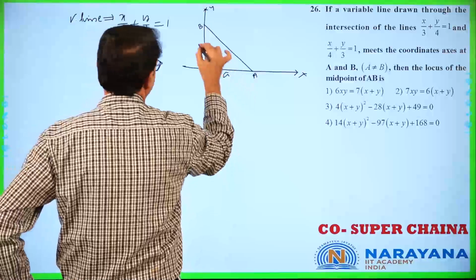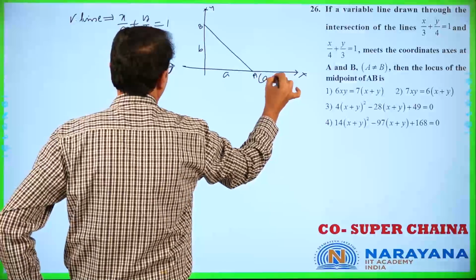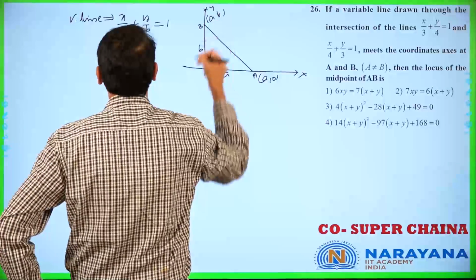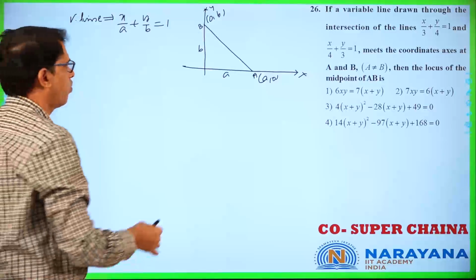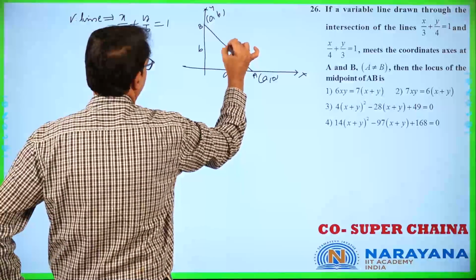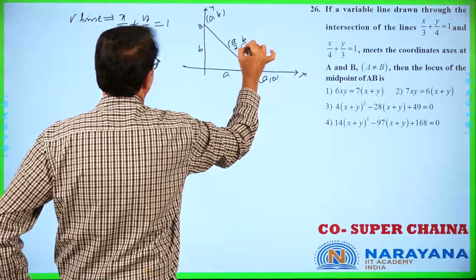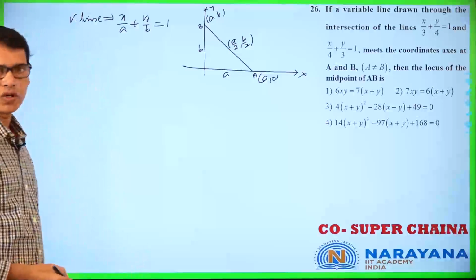So this is A, this is B. So A coordinates will be A comma 0, B coordinates will be 0 comma B. So we have to find the locus of the midpoint. So the midpoint is what? A upon 2, B upon 2.